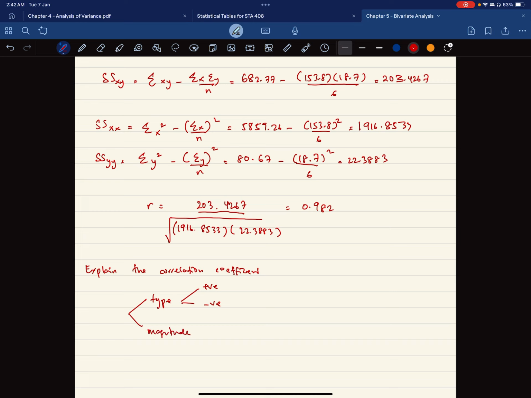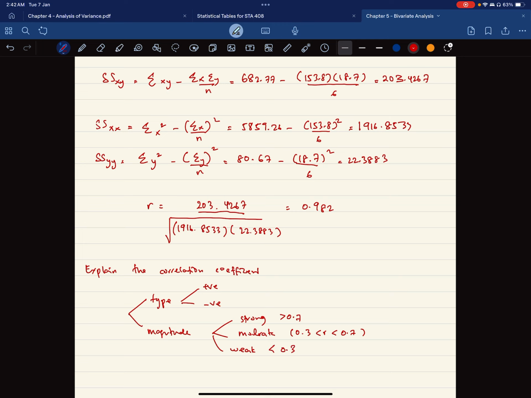For the magnitude, you can use this cutoff: strong, moderate, weak. Moderate is between 0.3 and 0.7, strong is more than 0.7, and weak is less than 0.3.